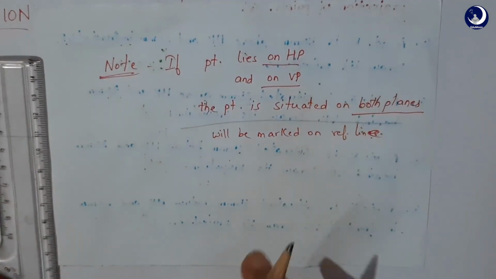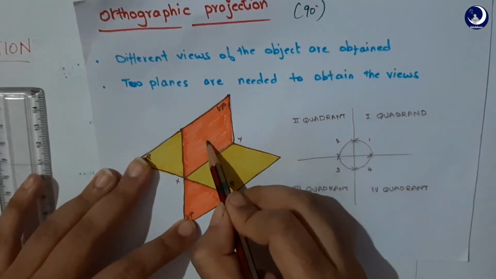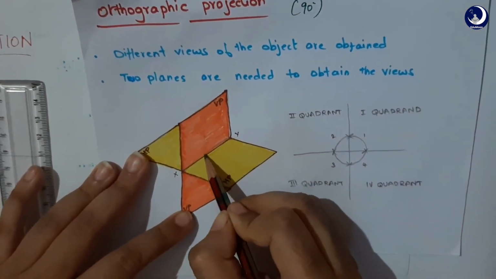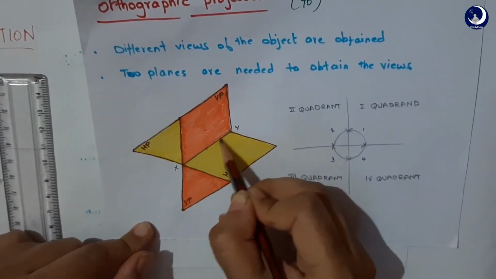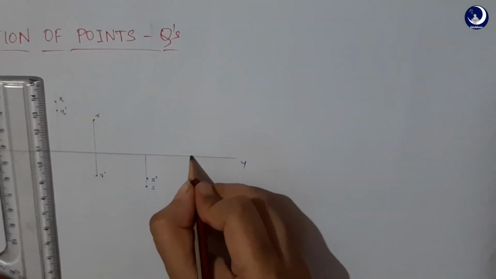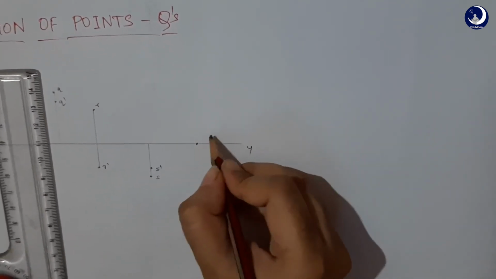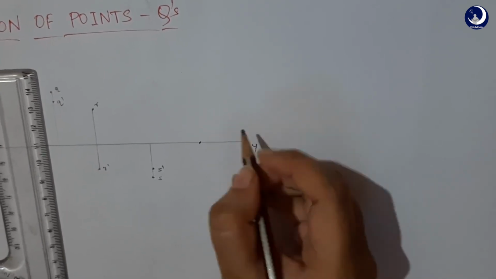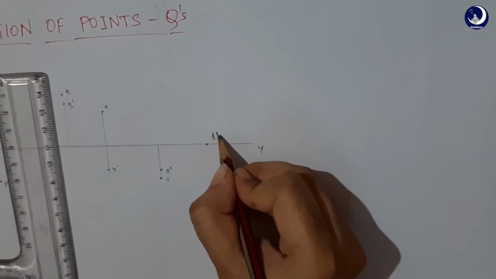Basically, if they say that the point is in VP and in HP, that means the point is on XY, that means the point is on the reference line. Let me show you. You're going to mark your point here, and that will be both the front view and top view. So let us say T dash.